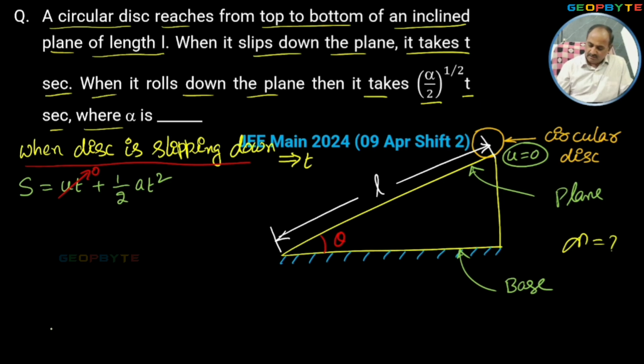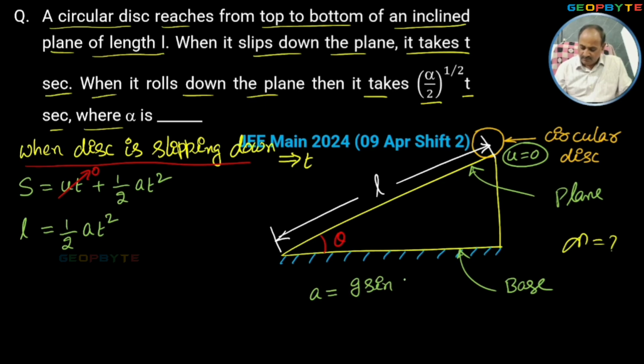Distance traveled by the disk is length of the plane only, equal to half into a into t square. What is the acceleration of the disk in the inclined plane? We have clearly discussed with the theory concept, g sin theta. Then when it is slipping down, acceleration is g sin theta.